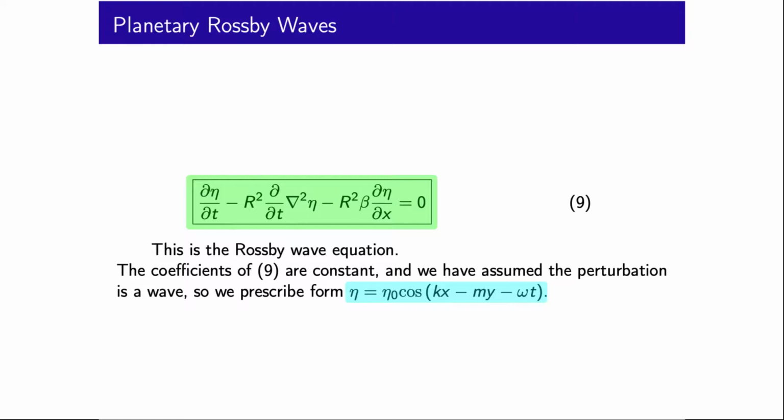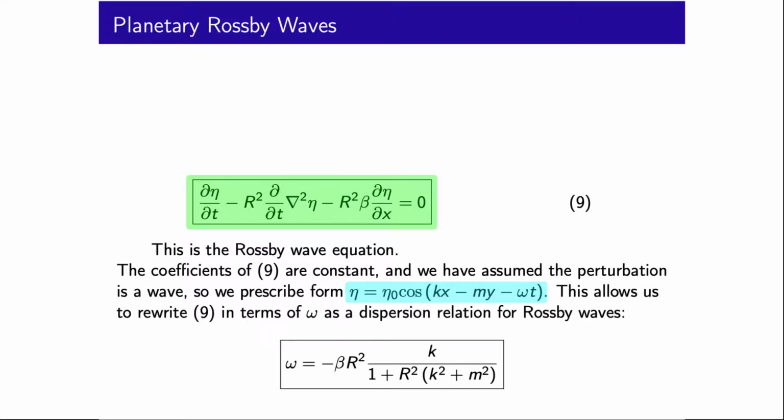Assuming this form allows us to rewrite the Rossby wave equation in terms of omega, giving us a dispersion relation for planetary Rossby waves, so omega equals the negative of beta times the Rossby radius squared times k on 1 plus R squared outside of k squared plus m squared.